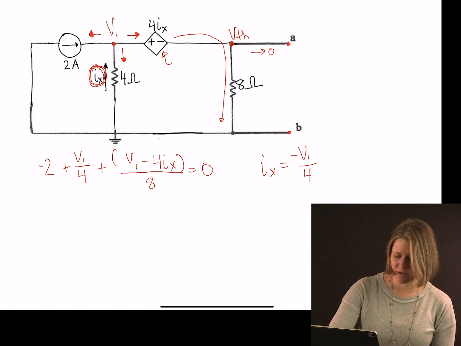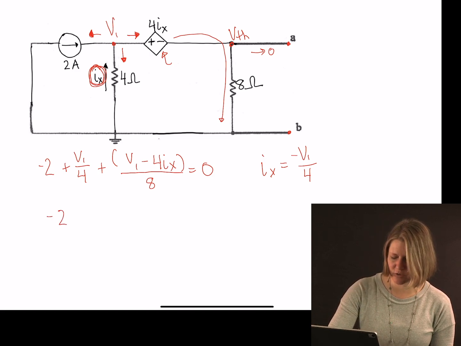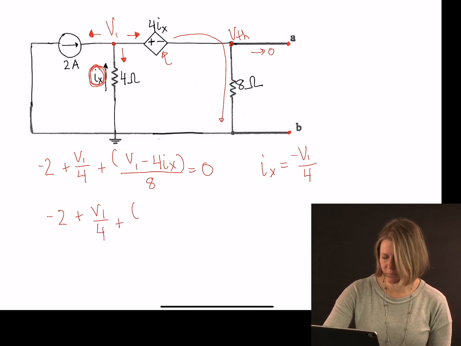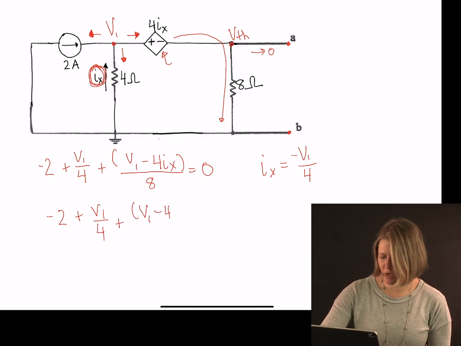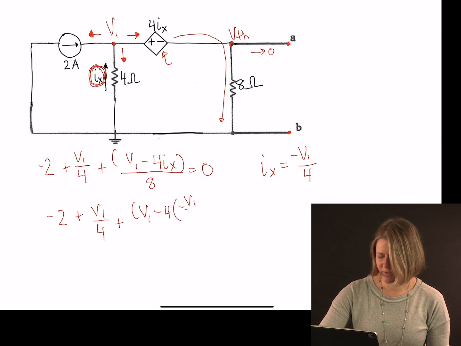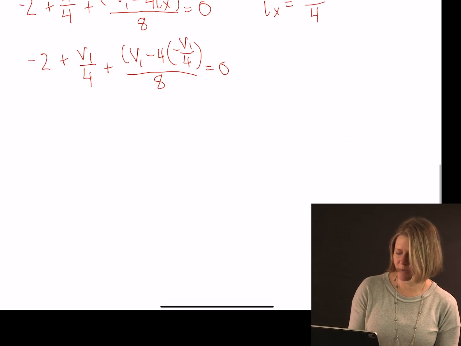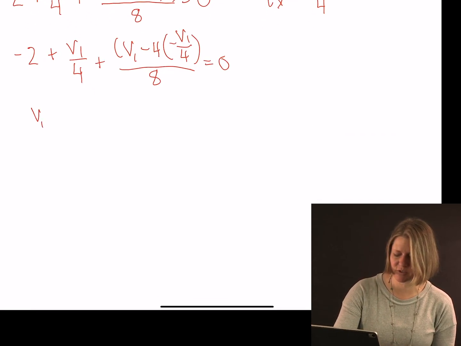And then I can solve this circuit. So minus 2 plus V1 over 4, plus V1 minus 4 times minus V1 over 4, all over 8, equals 0. I'm going to combine all my V1 terms.